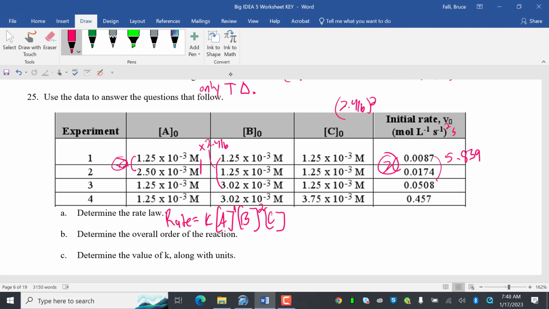Let's check out C now. C would be from trial 3 to trial 4. Okay, so on this one, 3.75 E negative 3 divided by 1.25 E negative 3 is 3. So that's times 3. And then 0.457 divided by 0.0508 is 9.